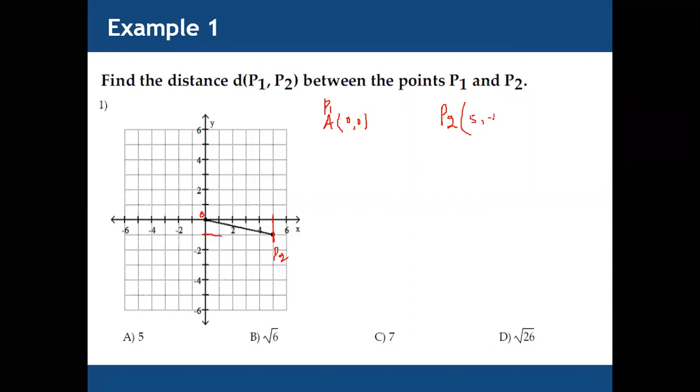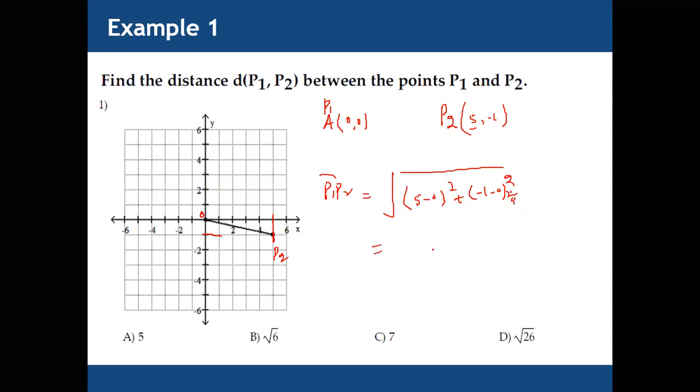So we have the distance formula: root of (x2 minus x1), where x2 is 5, minus 0 whole square, plus (y2 minus y1), where y2 is minus 1, minus 0 whole square.